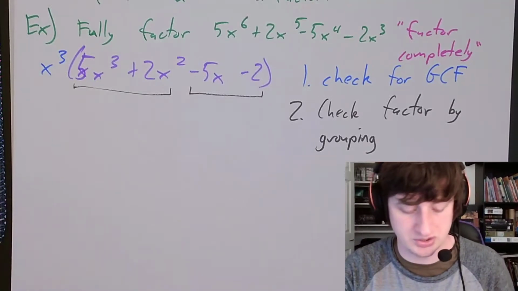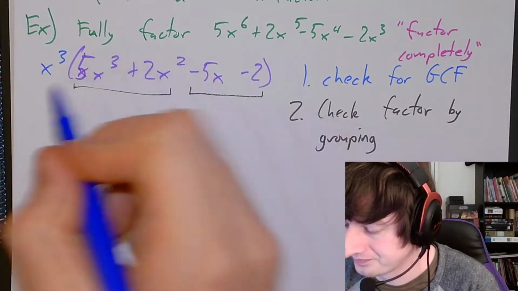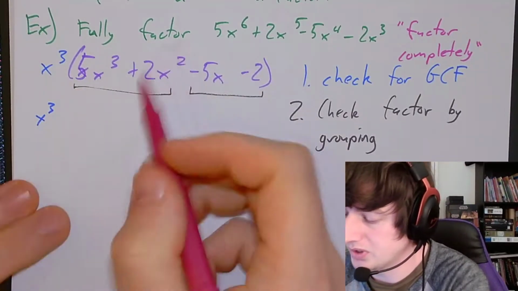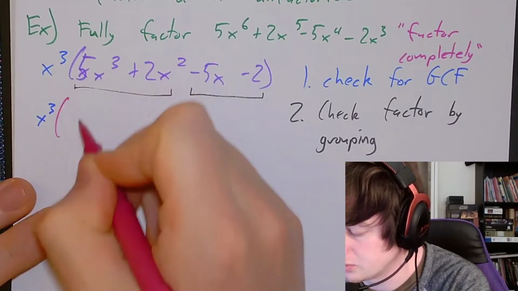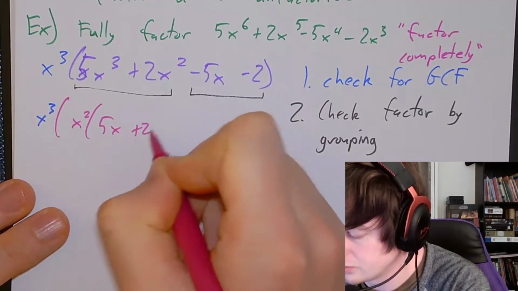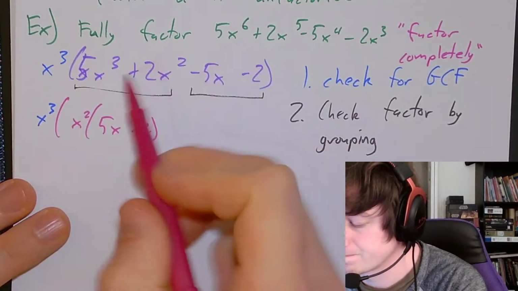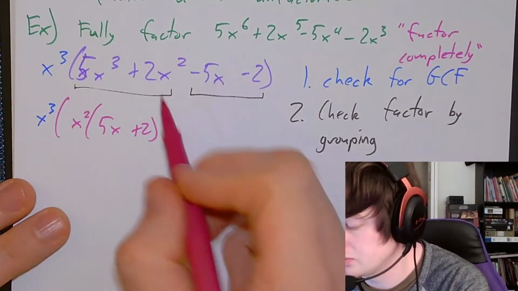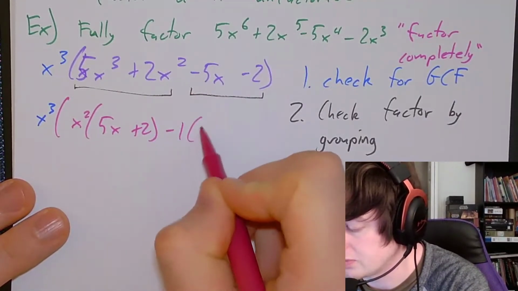And so the x cubed stays the same. But we can factor out x squared out of each of these. So x squared times 5x plus 2. Took an x squared out of both of these. These have a negative in common, so minus 1 times 5x plus 2.